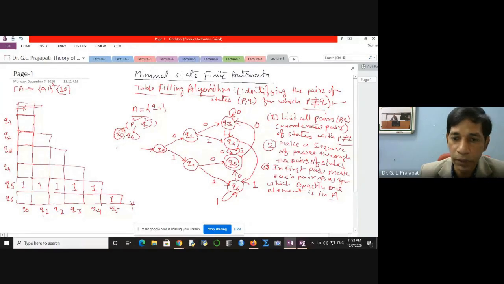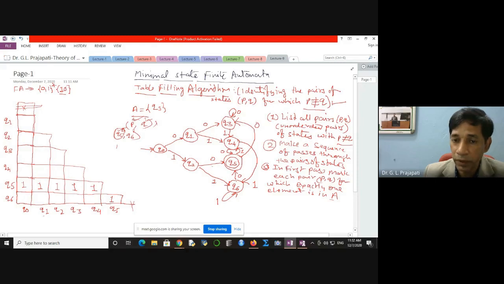You know that if one is a final state and the other is not a final state, like Q2 and Q5, we have marked Q2 and Q5 because they are not equivalent. You cannot merge Q2 and Q5. For taking one, your FA should not go to both places, Q5 and Q2.